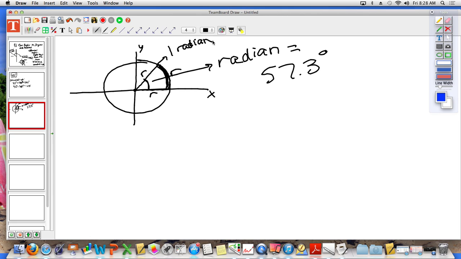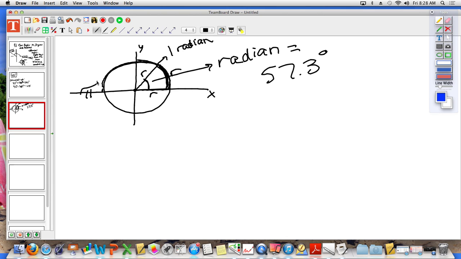It just so happens that if you have a radian and then another radian and then another radian and then a little bit more, you get to right here, which is called pi, which is equivalent to 180. What is the decimal value? 3.14.